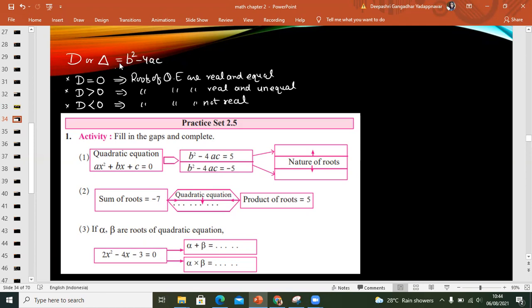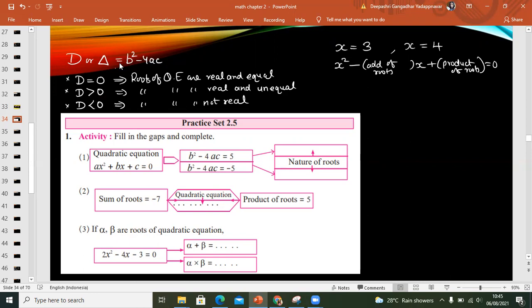Suppose you have two roots, for example x equals 3 and x equals 4, then you can write the equation directly by using this formula: x square minus the sum of roots times x plus the product of roots equals 0. So this is the quadratic form of the equation.